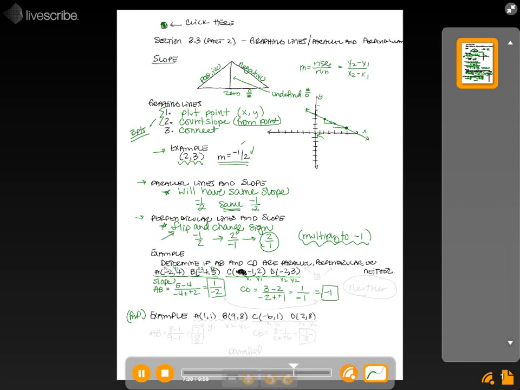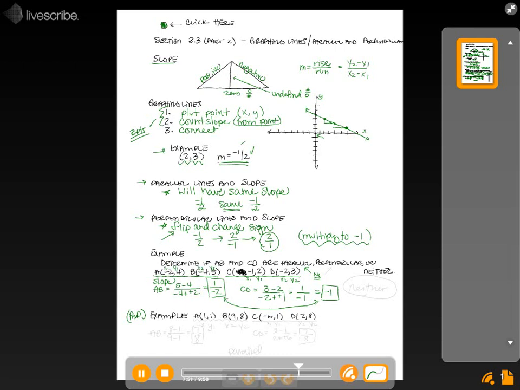Let's compare them, because we've got to figure out if they are parallel, perpendicular, or neither. Looking at those two slopes, they're not the same, so you can automatically rule out parallel. They are not parallel because the slopes are not the same. Perpendicular means you would flip and change the sign of one and you should get the other.